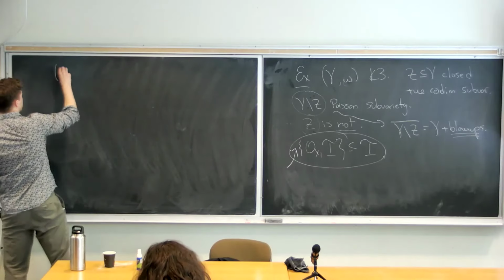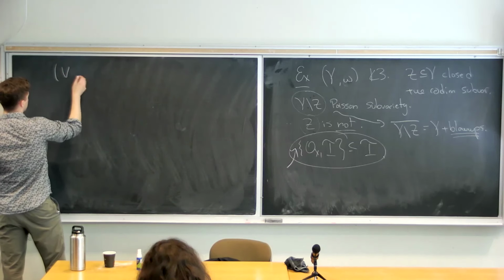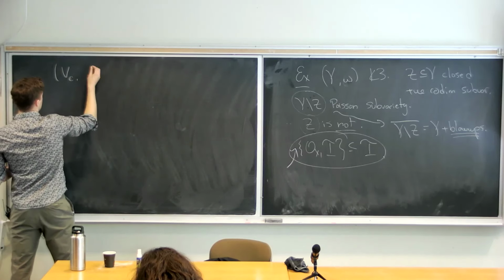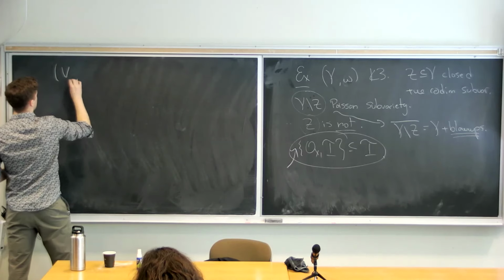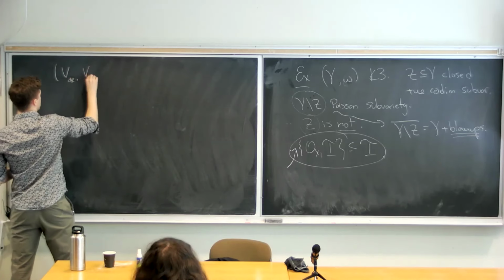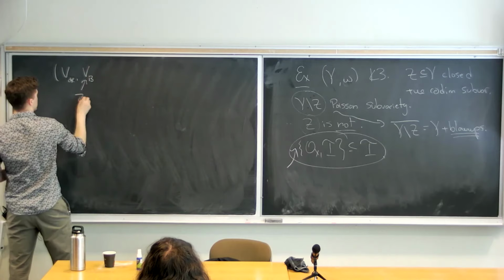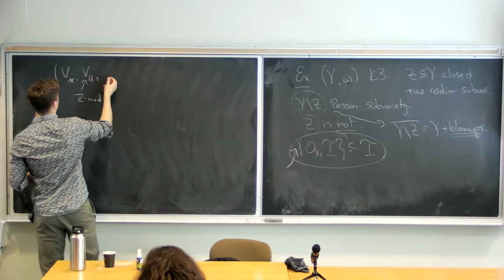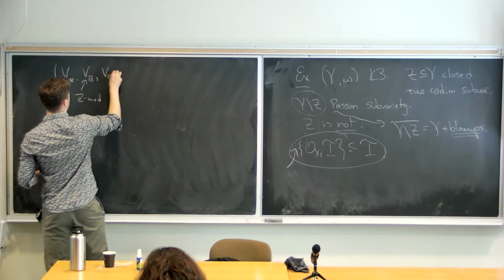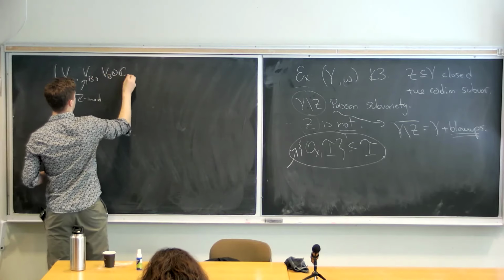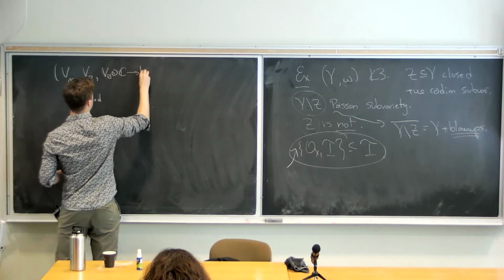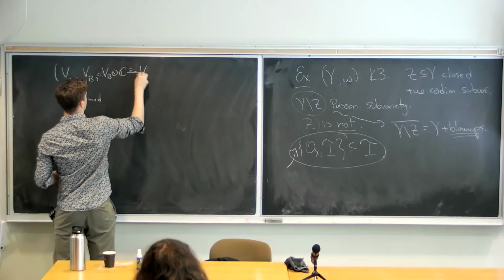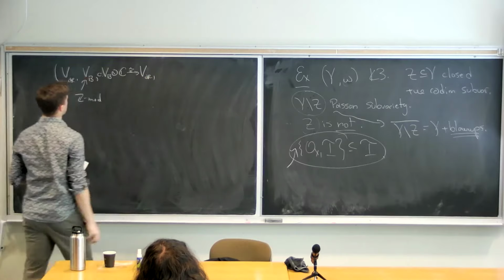But another way of thinking about it is some complex vector space V de Rham together with some lattice V Betti. This here is an abelian group. We've got some map from the complexification of this abelian group, we call this map C, the comparison, V Betti to V de Rham.